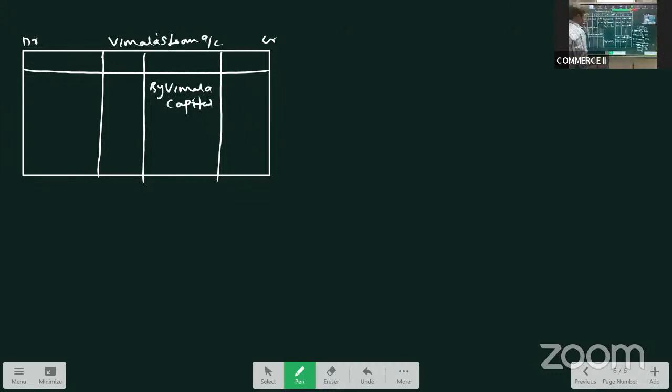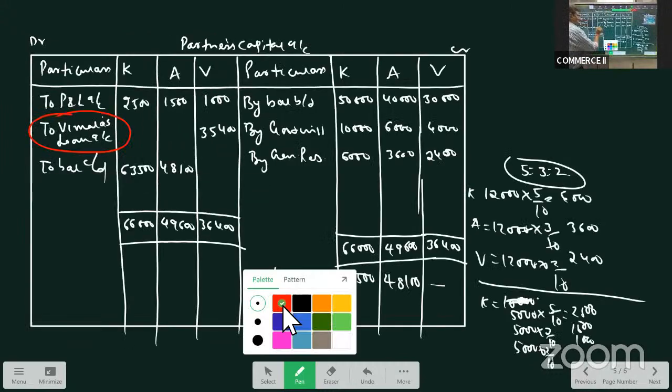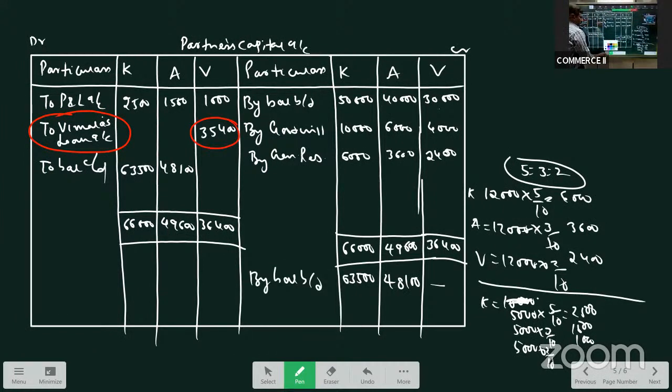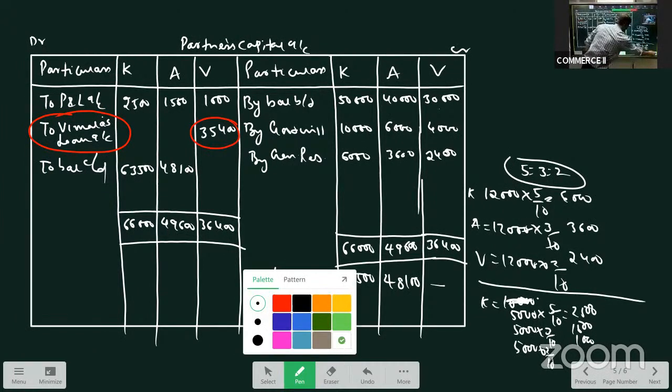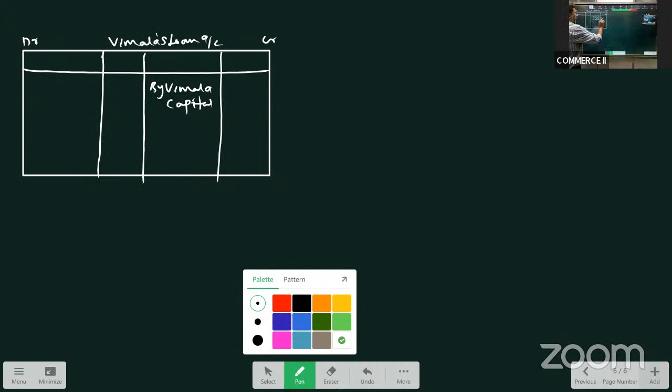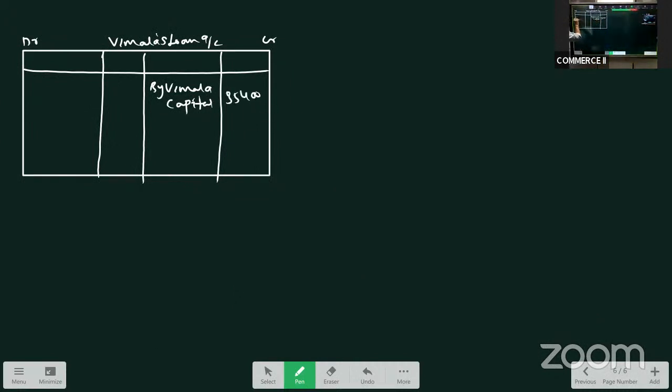Just now we prepared it. Loan amount was 35,400. So we'll write 35,400 and then we will transfer and show this balance in the balance sheet. 35,400.